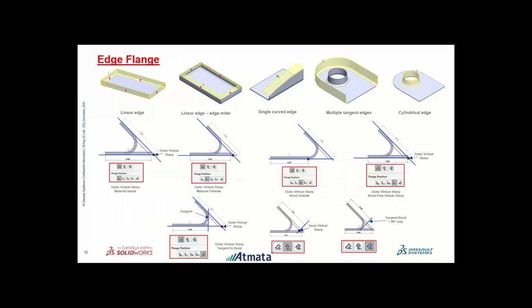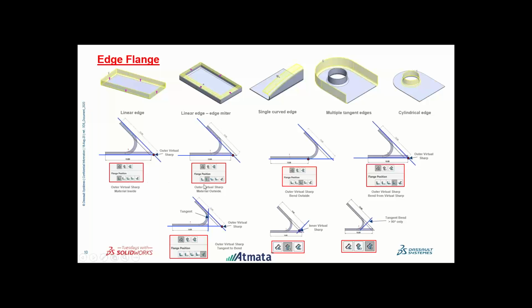Okay, so three main parameters we have to consider while we do our sheet metal design. Here we have different options, so I call this the design options. When you create a flange from the base flange, you have different options where you have your virtual shop. With respect to your virtual shops, you can set your flange positions.